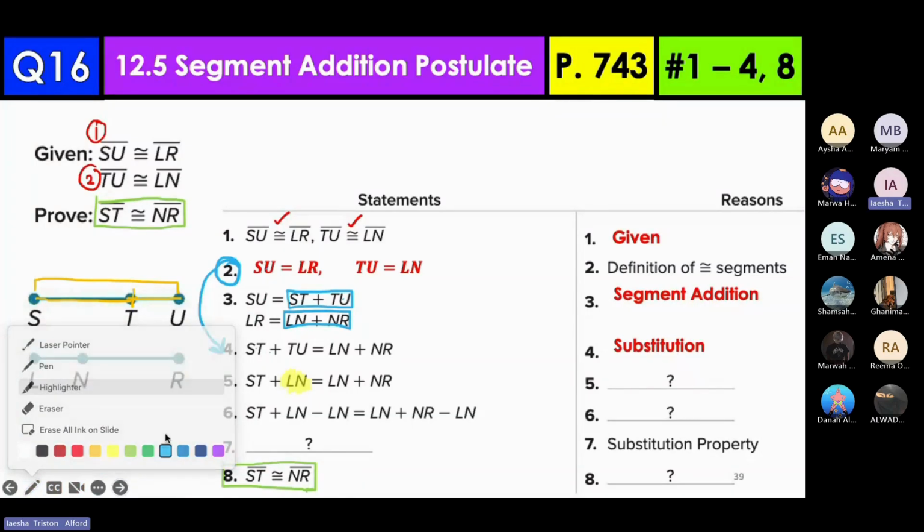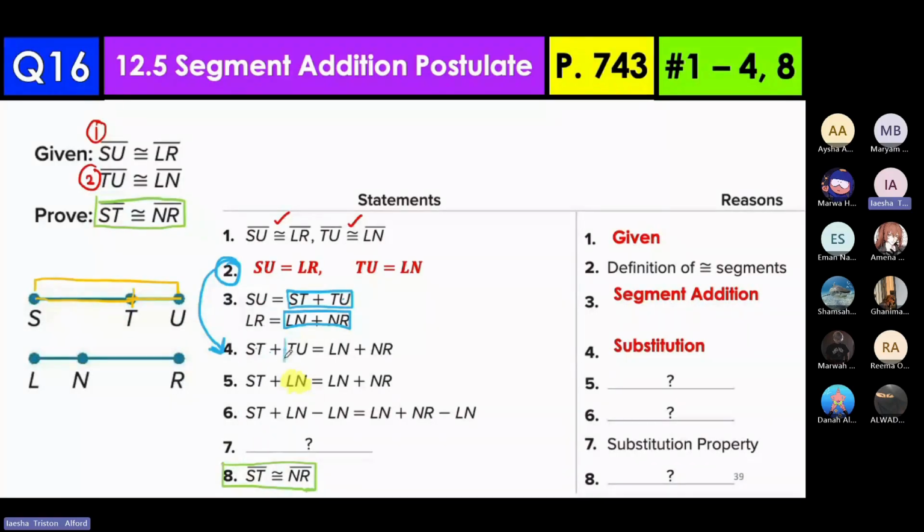Where did it come from? The TU. So we deleted TU and replaced it with LN. What do we call that? Substitution. And we know we can substitute it because of this one: TU is equal to LN. Delete this one, put the new thing. Substitution.